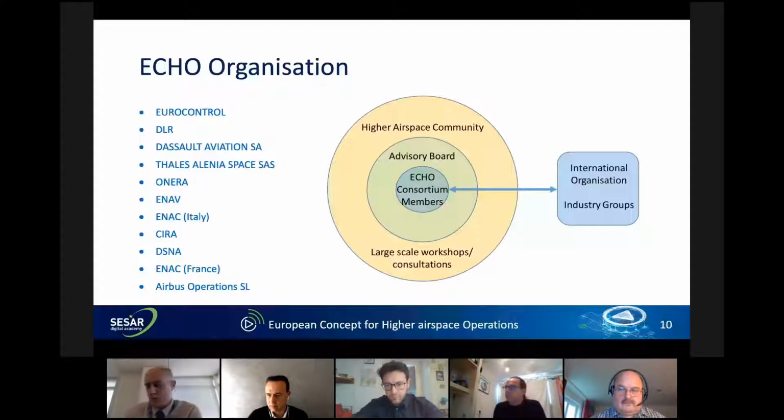So the next workshop is foreseen to be held at the end of June this year, and it will be the opportunity to have feedback about the collection of data that we have and the first identification of vehicles in operation and the first identification of what can be the demand before going to translation in ConOps.